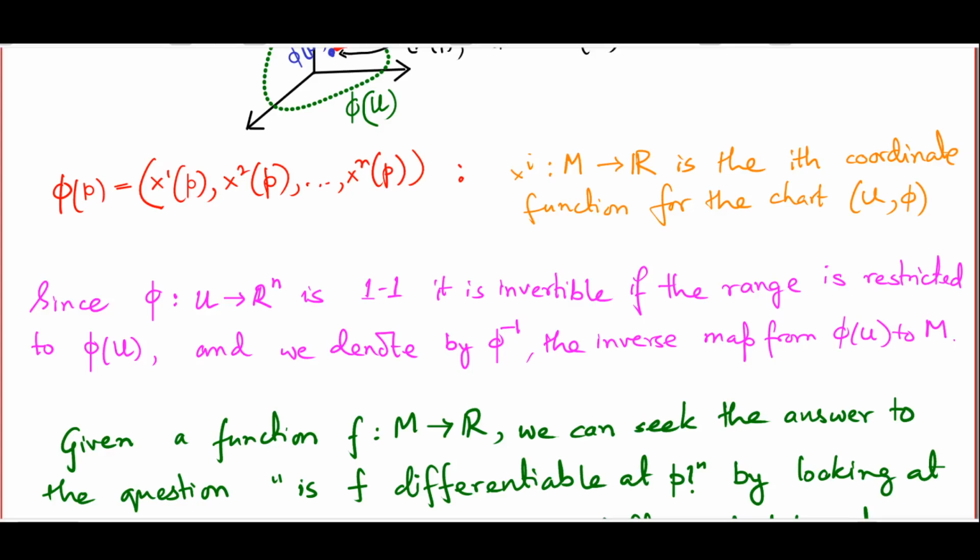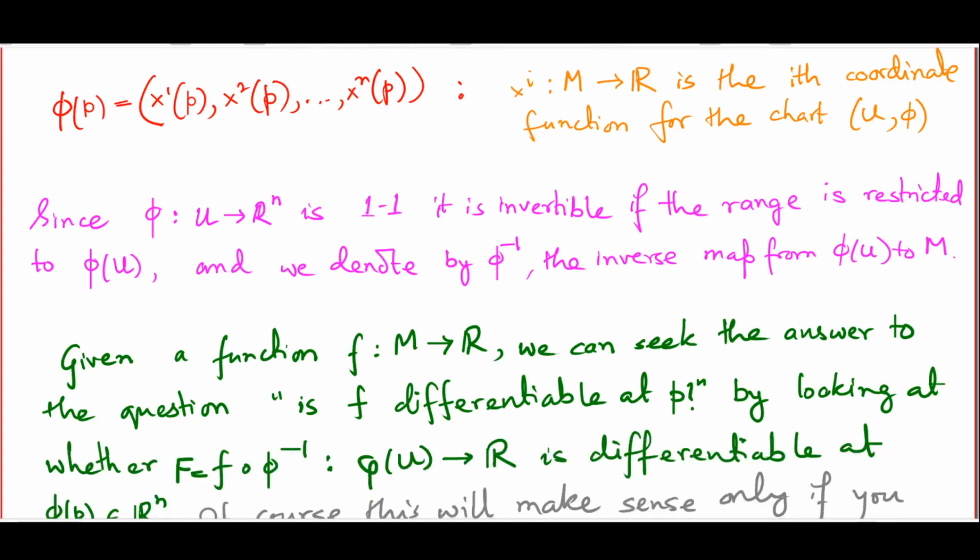The way in which we will answer the question is by looking at what I call the proxy function, capital F. This is a function f composite phi inverse, which is a map from phi of U to R. And remember, phi of U is an open subset of Rn, so we are really now looking at a function from an open subset of Rn to R. And it is quite legitimate to ask ourselves the question, is capital F differentiable at the point phi of P?